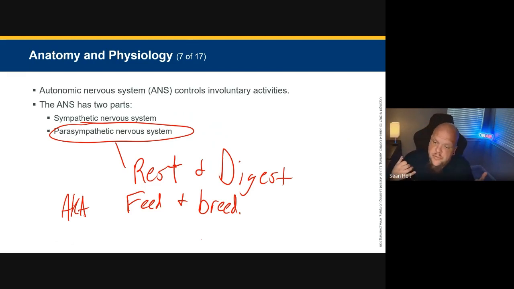Maybe during sleep, maybe during times when we're just sitting in front of our homework or our computer and our body's relaxing, we've just eaten a full meal, our GI tract is processing that meal, or we're going to the bathroom and nothing else really needs energy in our body except our bowels to move that bowel movement, right? So parasympathetic is that rest and digest, that feed and breed, okay? Parasympathetic slows, sympathetic speeds up.